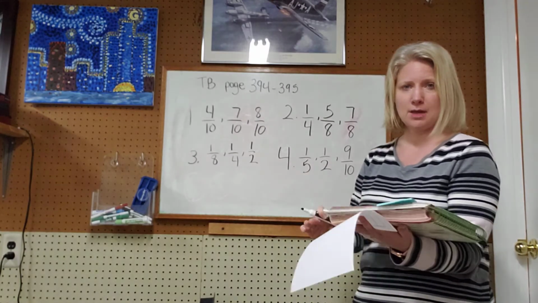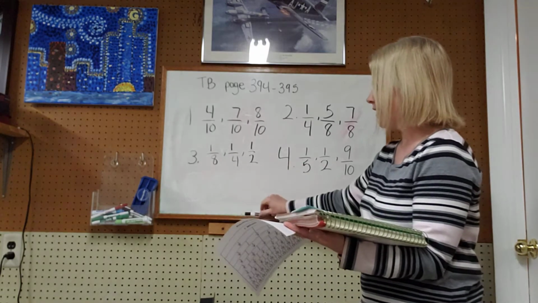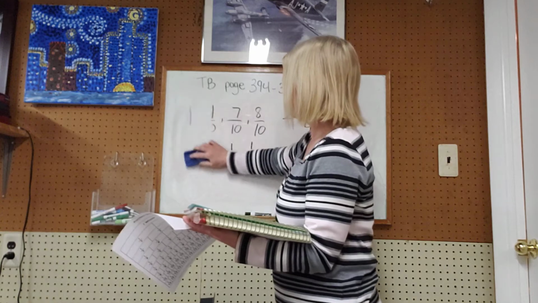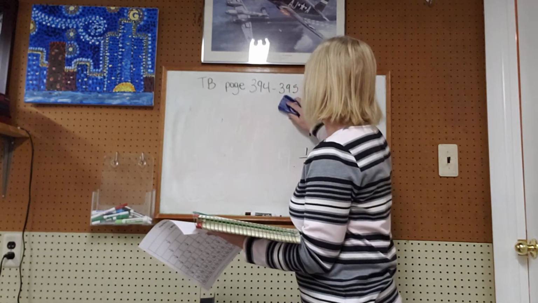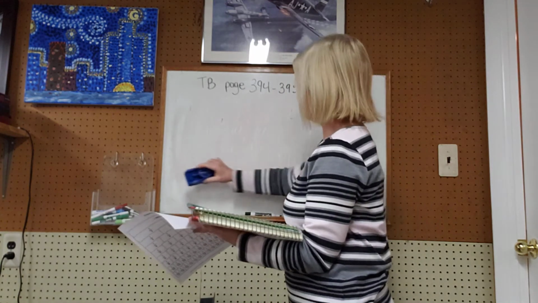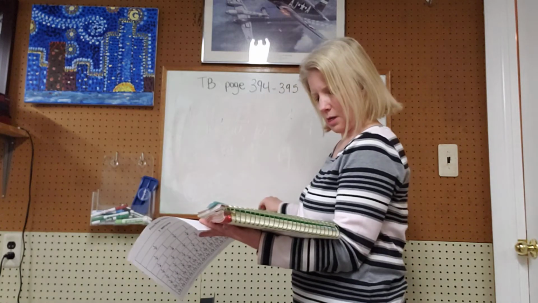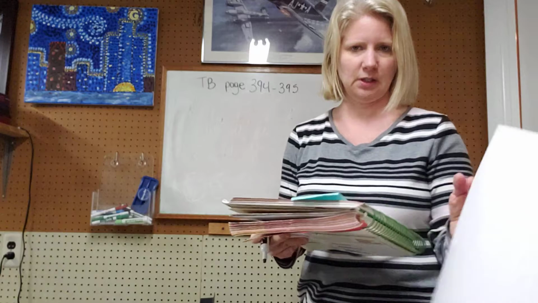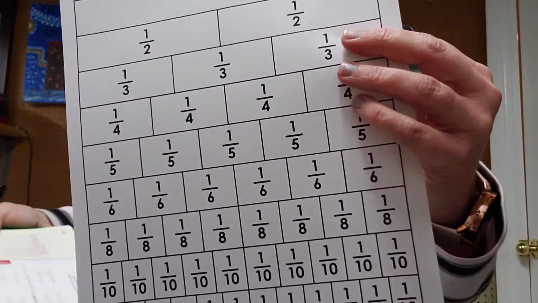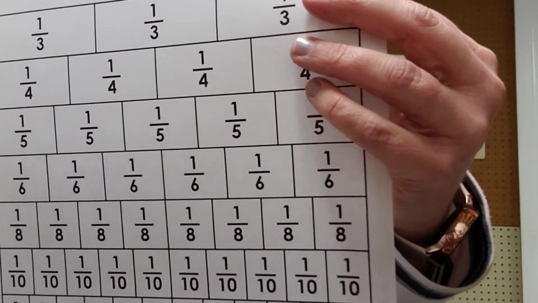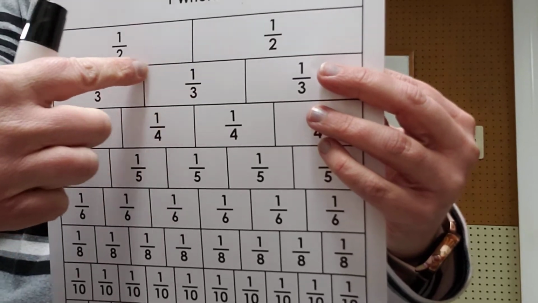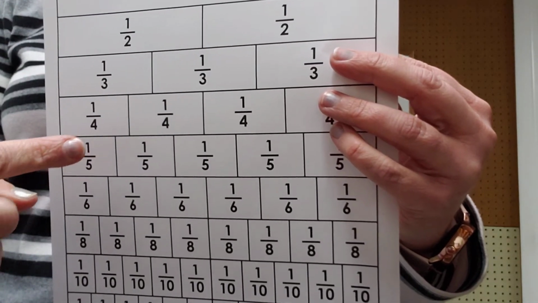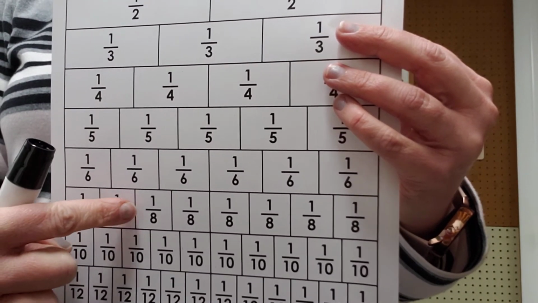Okay, now let's look at number 5. One half, 3/8, 1/4. Let's look at your fraction strips again. 1/2, 3/8, 1, 2, 3.